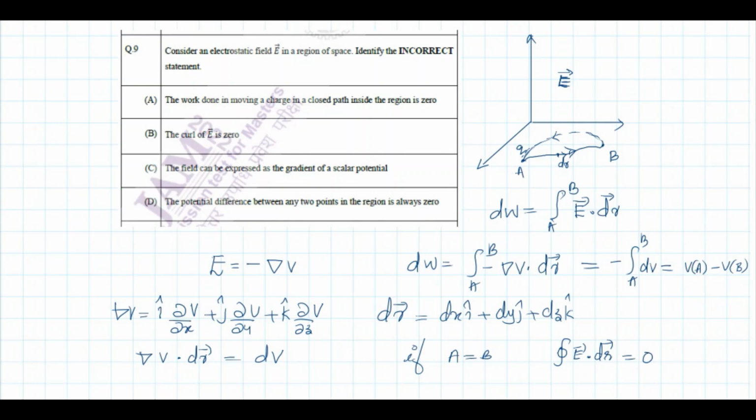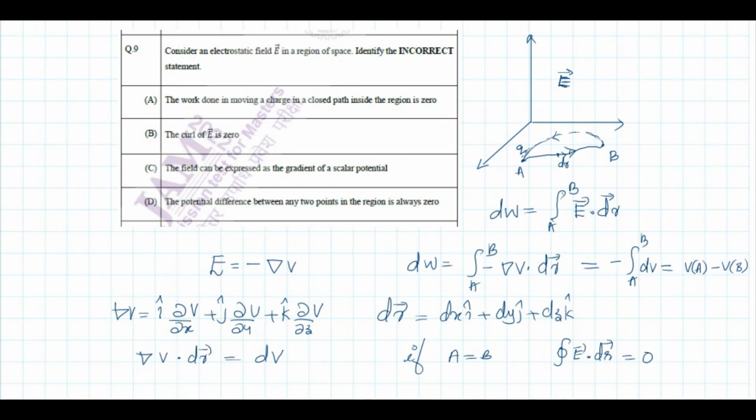So closed integral E dot dr equal to 0 for an electrostatic field. Look at the first option: the work done in moving a charge in a closed path inside the region is 0. That is correct.